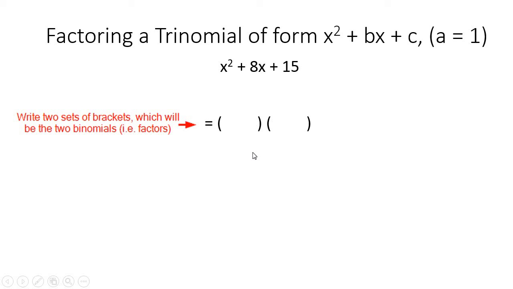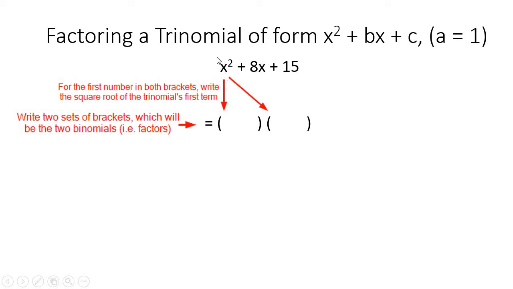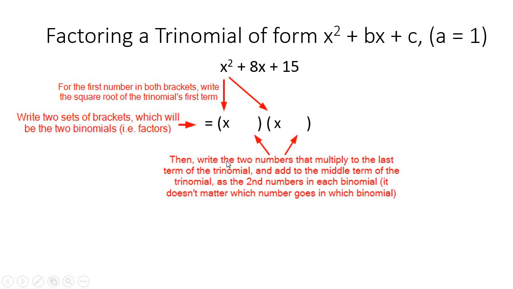The first step now is writing the square root of the first term in the first two places of these binomials. So the square root of x squared is x. So that's pretty straightforward. And then those two terms that you memorized that multiply to the last and add to the middle, you put in the second places of the binomial.